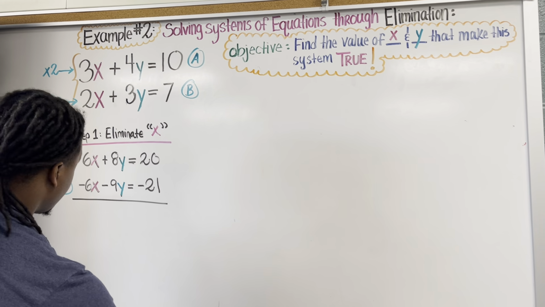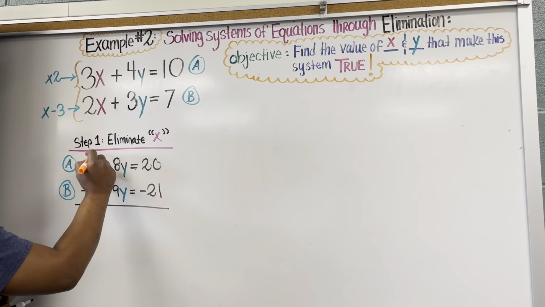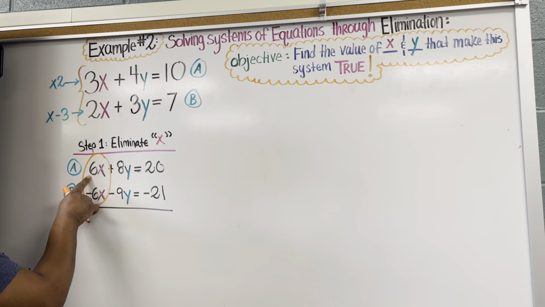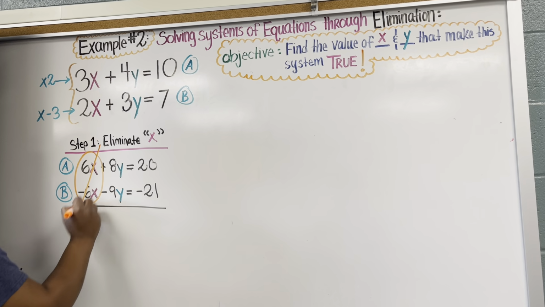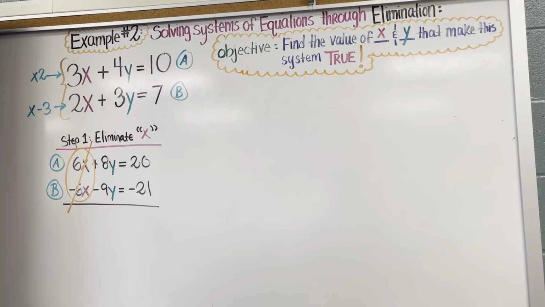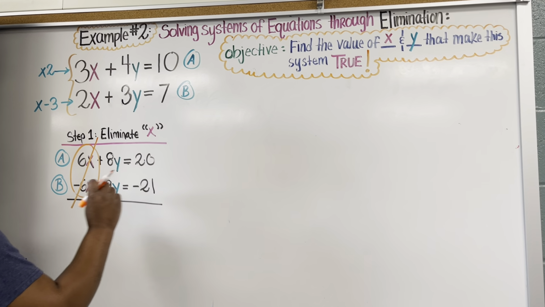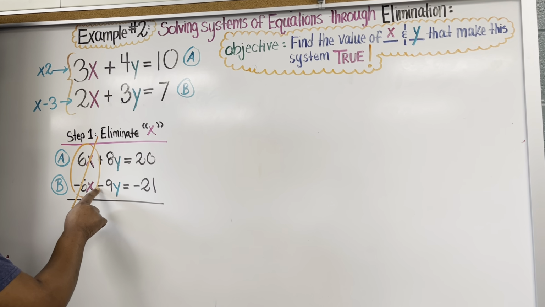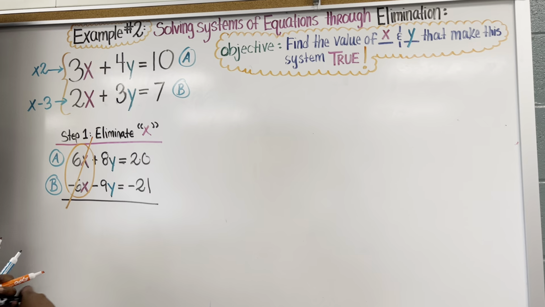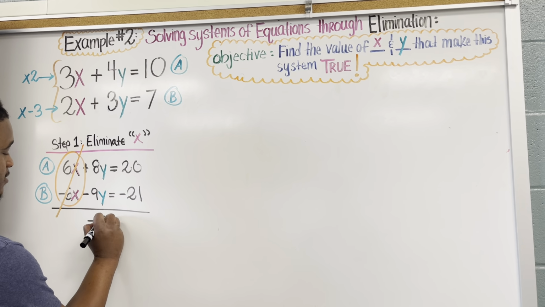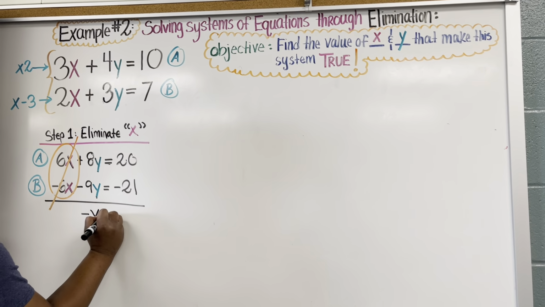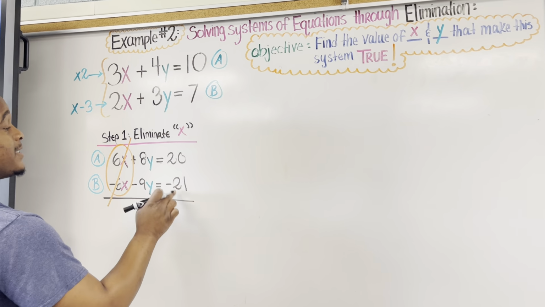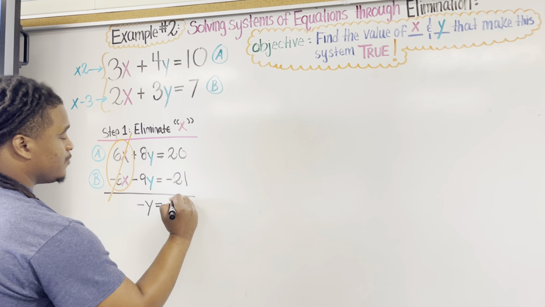Okay, so as you can see, I set up everything that I wanted to set up, which is I wanted to eliminate x, right? And a positive 6x and a -6x cancels out. So I have successfully eliminated x, and because of that, we can find the value of y, okay? So 8y plus a -9y is a -1y, or a -y, okay? 20 minus 21, or 20 plus a -21, is a -1.